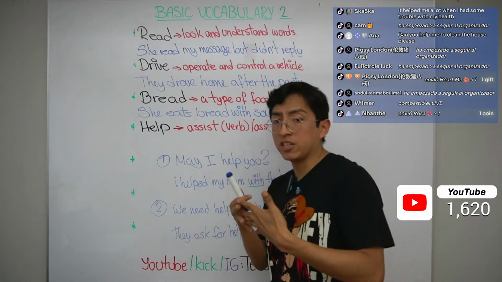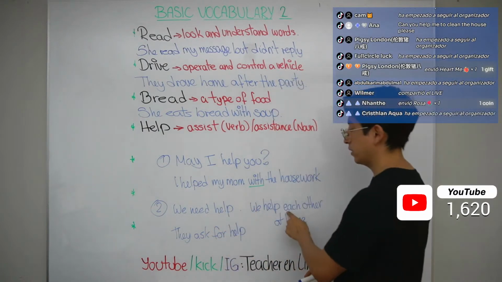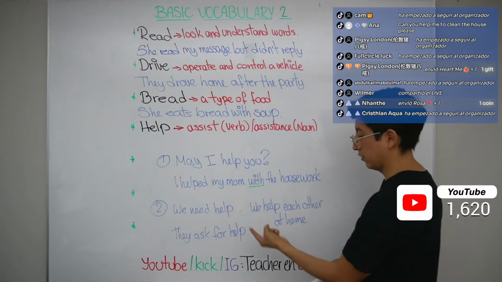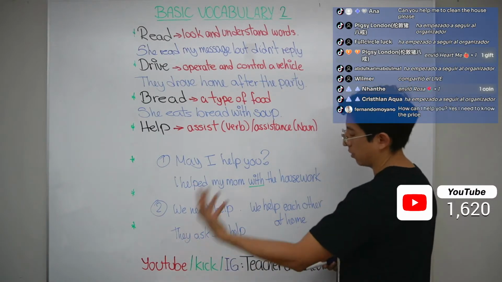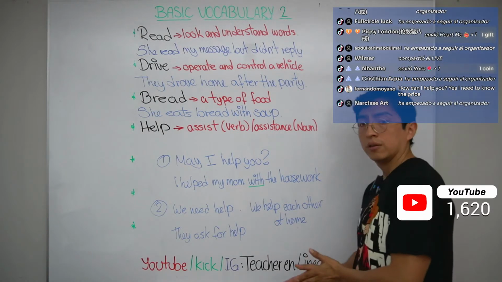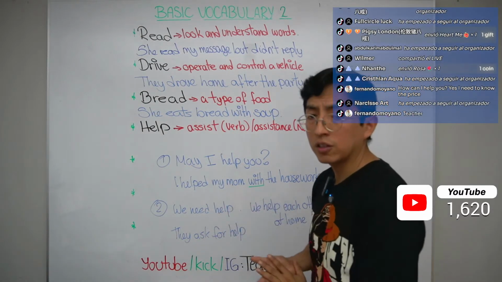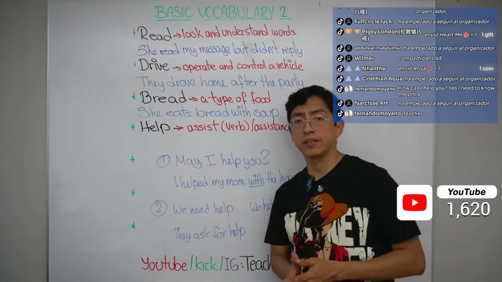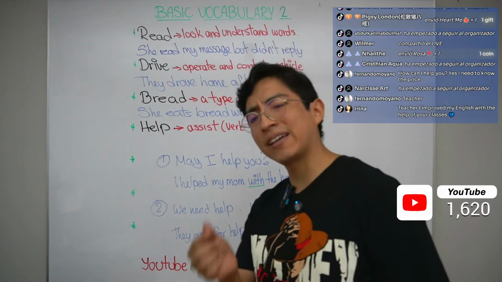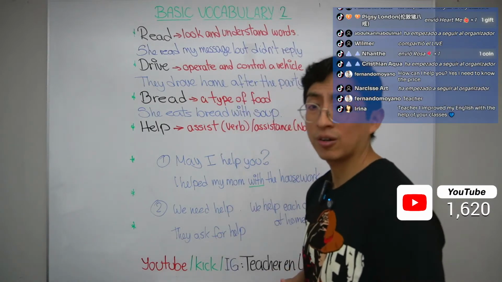We both help each other. Okay, so we need to use here each other in both directions. Okay, I help you and you help me. We help each other at home. Okay, guys, write your own sentences using help here. Okay, Nancy. Okay, hello, thank you very much, and thank you for your rose.